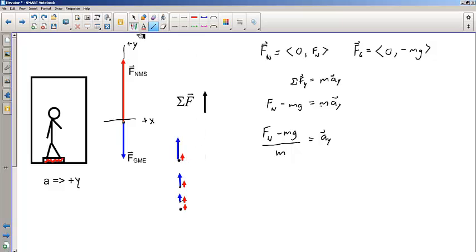But the other scenario that's harder for people to think of is when the acceleration is pointed in the opposite direction of motion. So here we can imagine traveling downwards in the negative y direction.